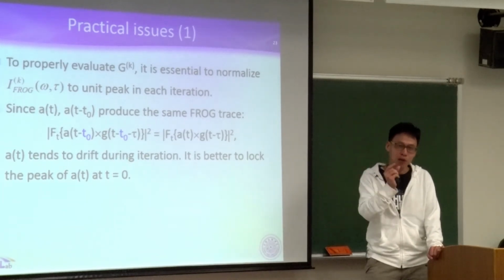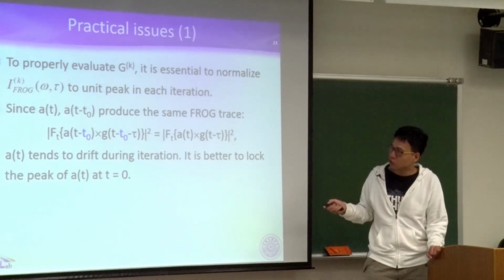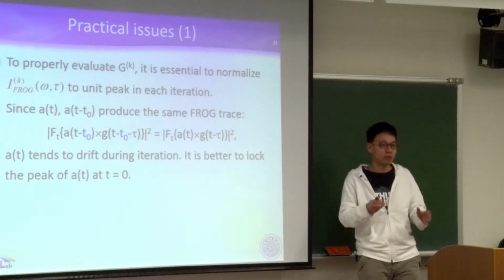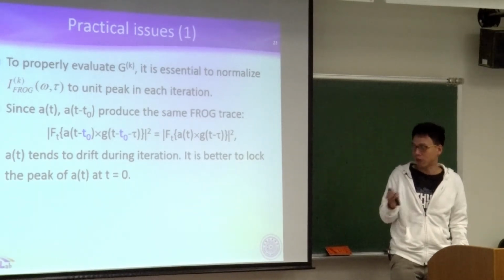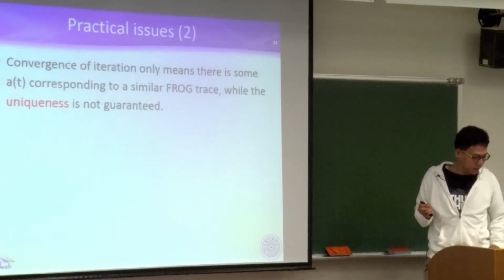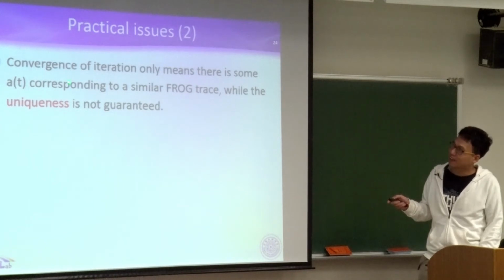The A of t will wander around. So usually you have to lock the peak of A of t at, for example, t equals 0. You deliberately lock it down, otherwise it will keep wandering around.